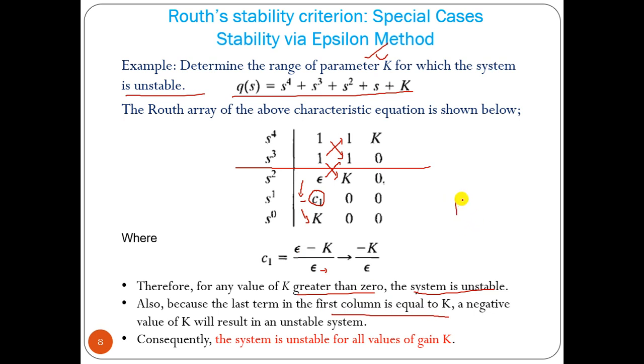Now what will happen if k is greater than 0, a positive value? Then c1 is negative, right?